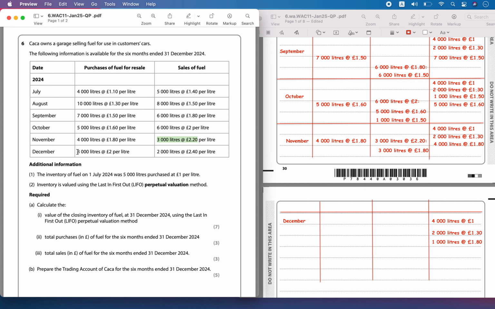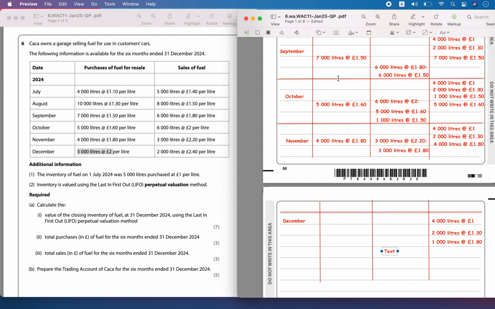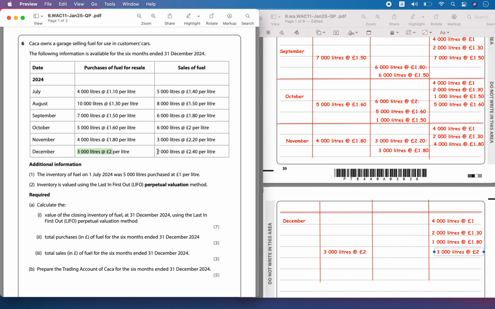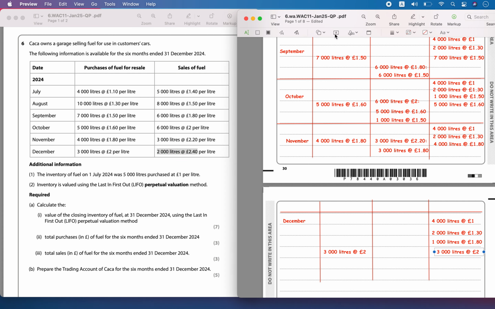Then in the month of December I purchased still more, 3,000 at 2. So let's write that, 3,000 at 2. Now we have to sell 2,000 at 2.40. What rate are you going to issue at?